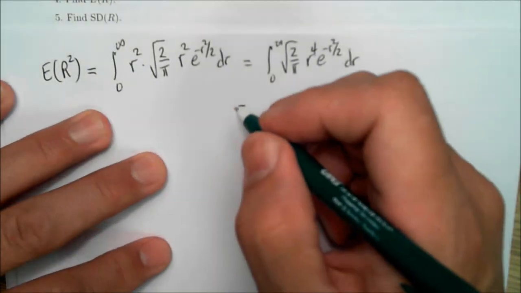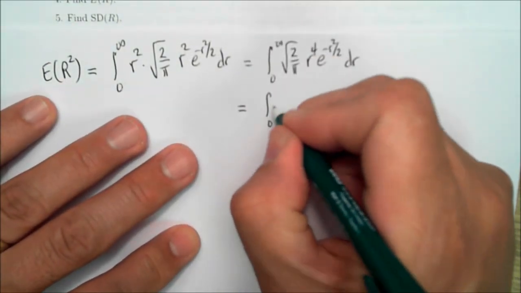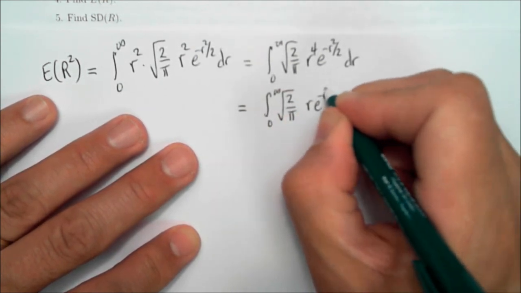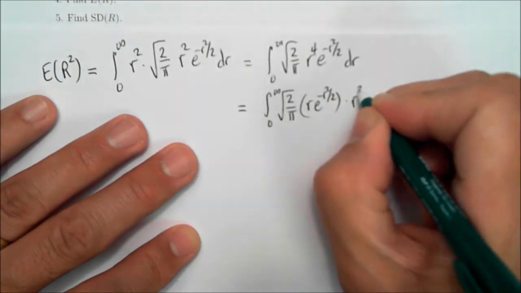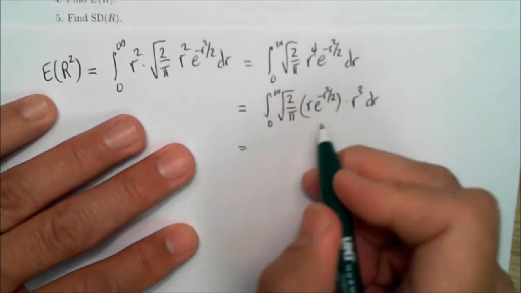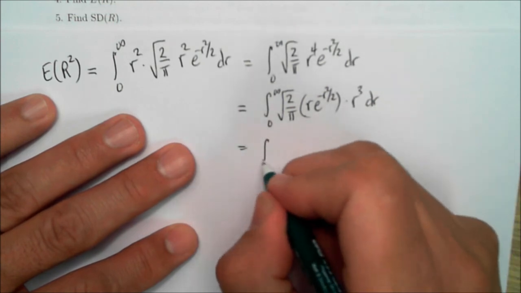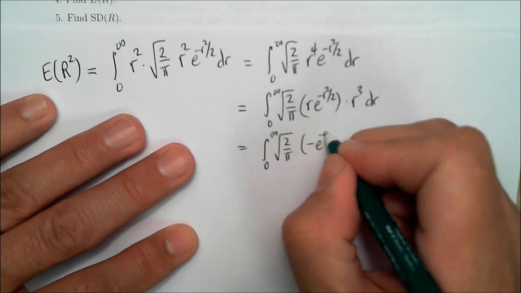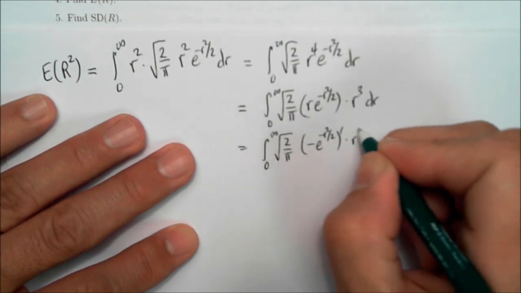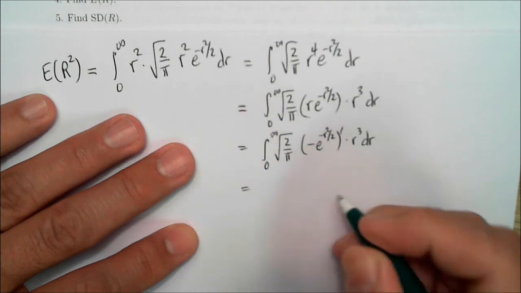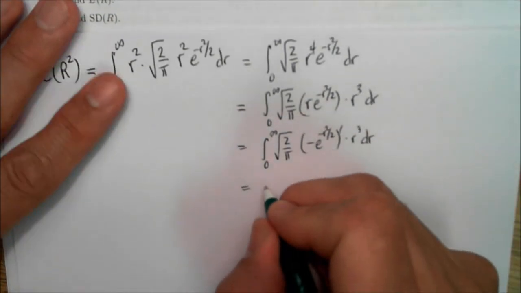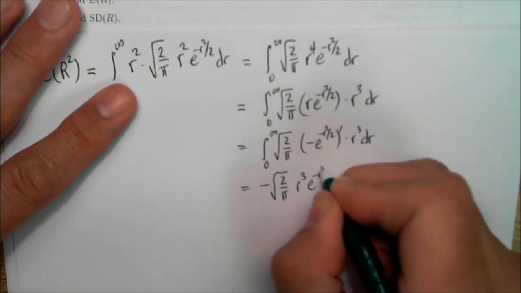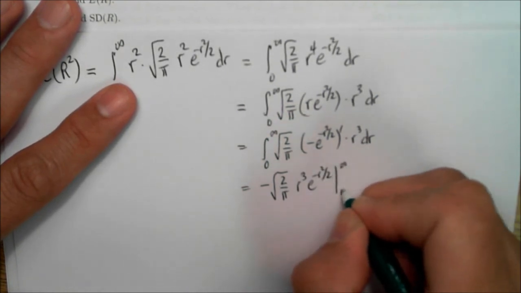And I'll integrate this one by parts just like before. So integral from 0 to infinity, square root of 2 over pi, r to the e to the minus r squared over 2 times r to the 3rd dr. So that is integral from 0 to infinity of square root of 2 over pi times e to the minus r squared over 2 prime times r cubed dr. Then applying integration by parts, we get negative square root of 2 over pi times r cubed e to the minus r squared over 2, evaluated from infinity to 0.